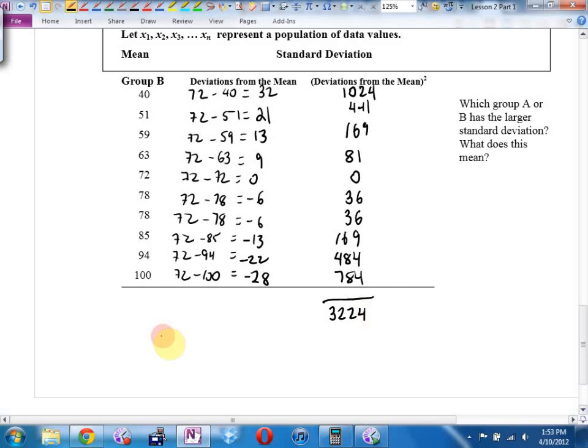Now, 3,224, take the average and square root that answer.